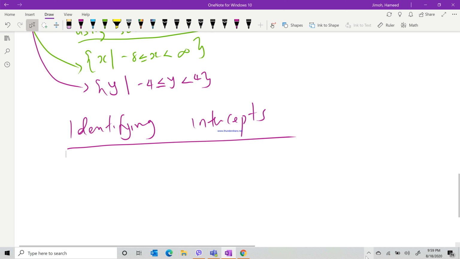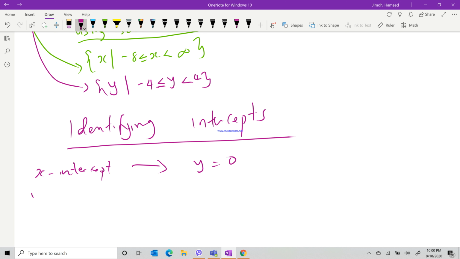So the last part of section 2.1 is how do we identify the intercepts. You need to note first that your x-intercept will be those points where y equals 0, and your y-intercept will be the point where x equals 0.